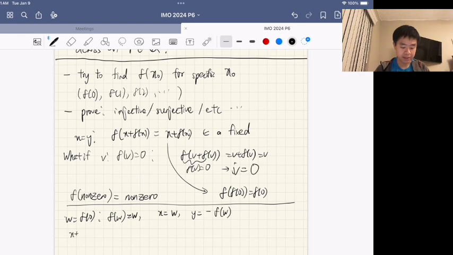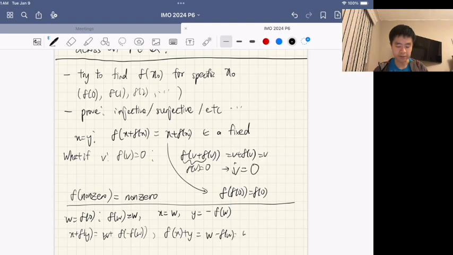So what does that mean? x plus f(y) equals w plus f(minus f(w)), and f(x) plus y equals f(w), but then you know that this one is just w minus f(w) equals w minus w, which is just 0.